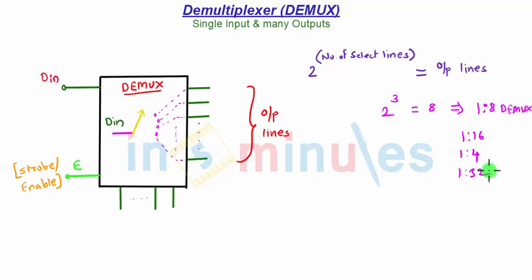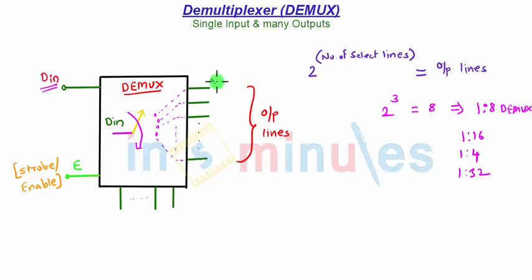Let us see how it distributes the data. You can easily see here there's a data input pin. It has got only one data input pin. It can be 0, it can be 1, depending upon what kind of data is inputted in the demux. So this black box is nothing but a demultiplexer IC in which there is a simple switch which is connected to the several outputs.